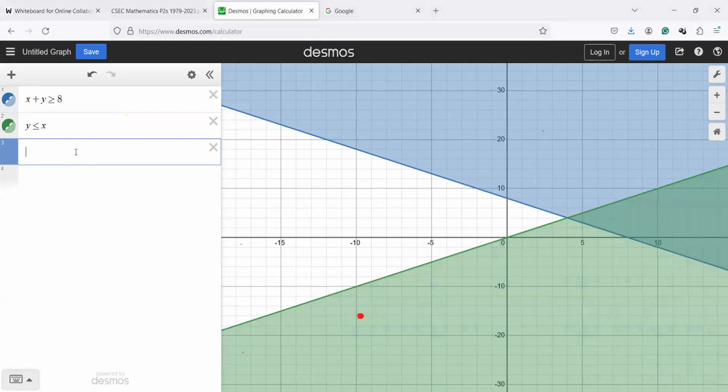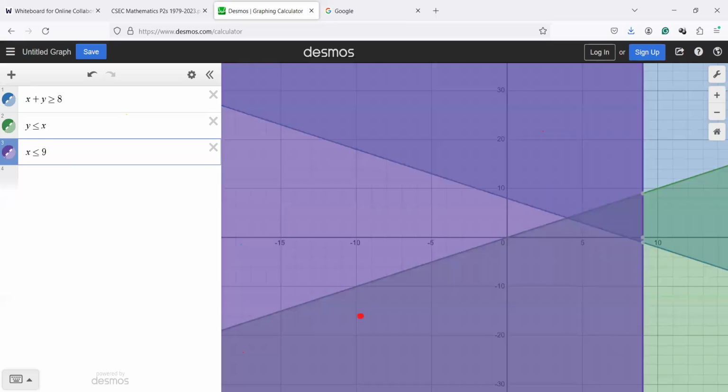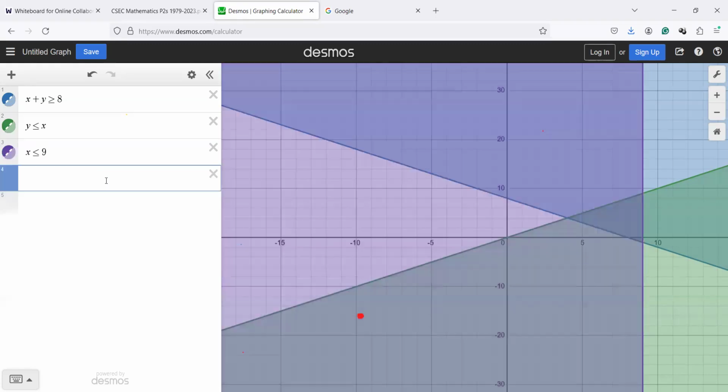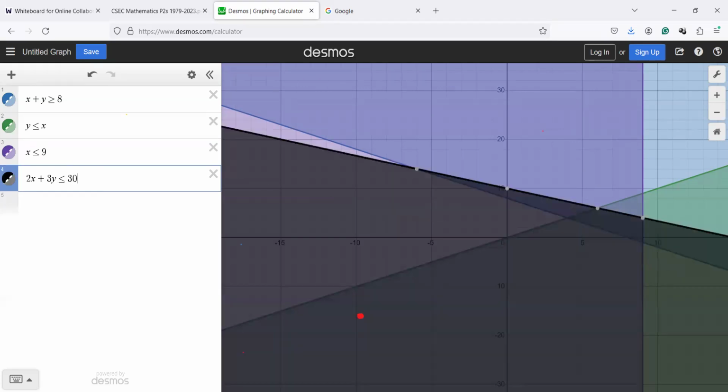The third inequality was x less than or equal to 9, right? And our fourth inequality was 2x plus 3y less than or equal to 30.